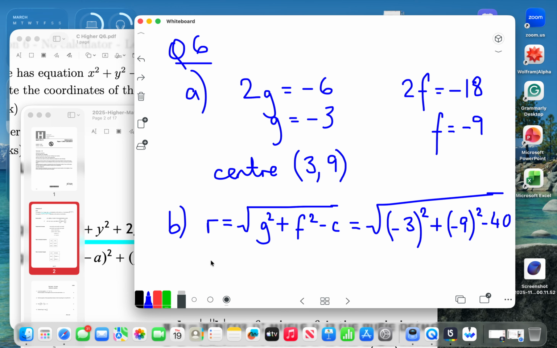So this becomes 9 plus 81 minus 40. And we get the square root of 50.